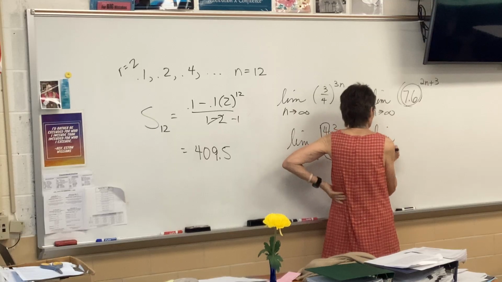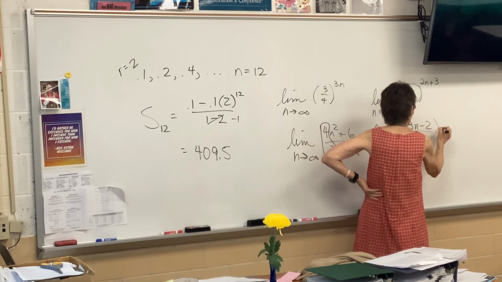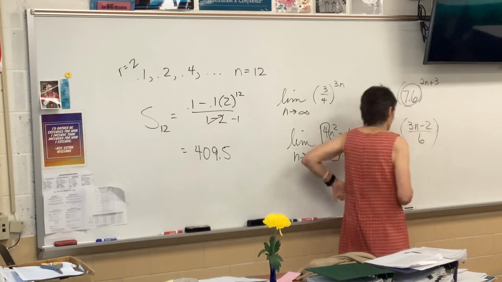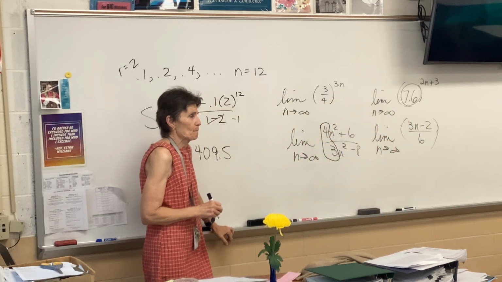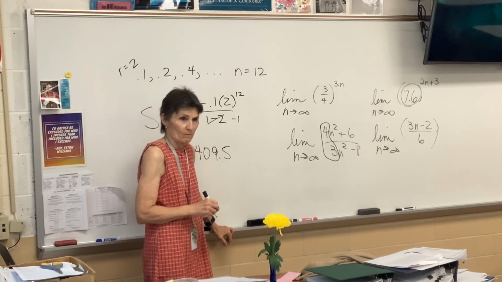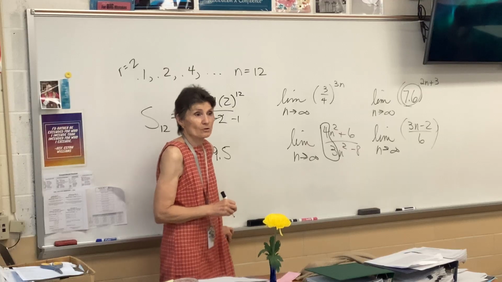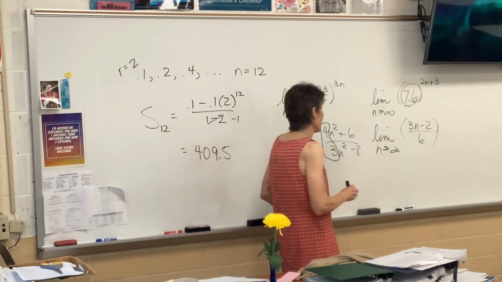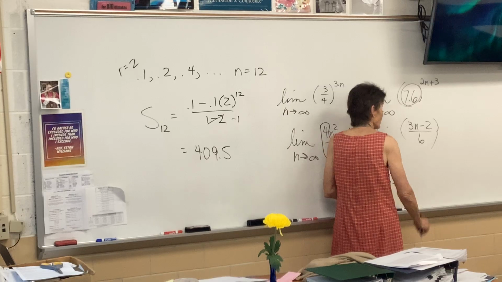All right, another one. What about that guy? Divergent. Because why? There's no n on the bottom to balance it out. Very good. All right, one more. You guys, I hope you're paying attention.